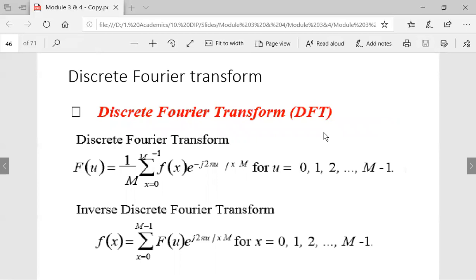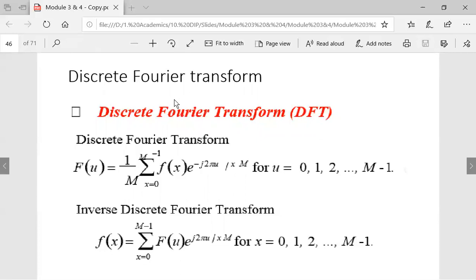So the discrete Fourier transformation equation can be given in one-dimensional format. F of u is equal to 1 by M, summation of x equal to 0 to M minus 1, f of x e to the power of minus j 2 pi u x by M. Then the inverse discrete Fourier transformation can be written as small f of x equal to summation of u equal to 0 to M minus 1, capital F of u into e to the power of j 2 pi u x.